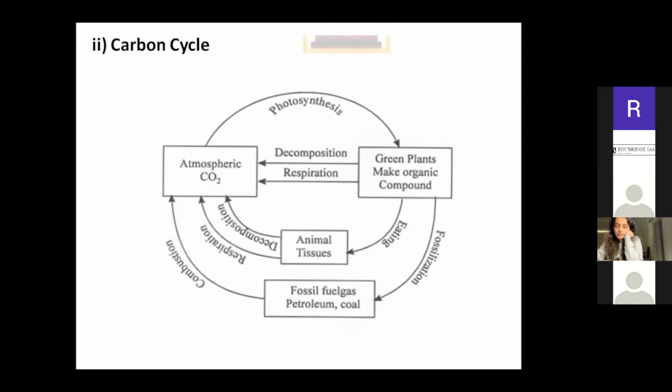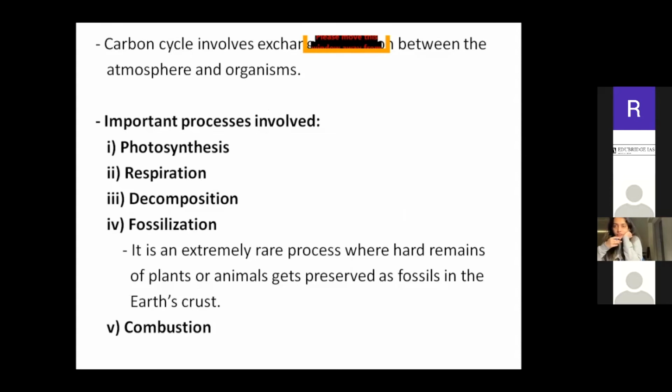Right. So total 5 processes. First, photosynthesis. Second, respiration. Third, decomposition. Fourth, fossilization, and fifth, combustion, right?